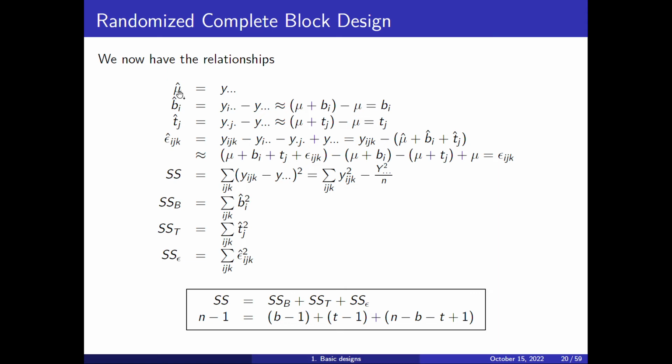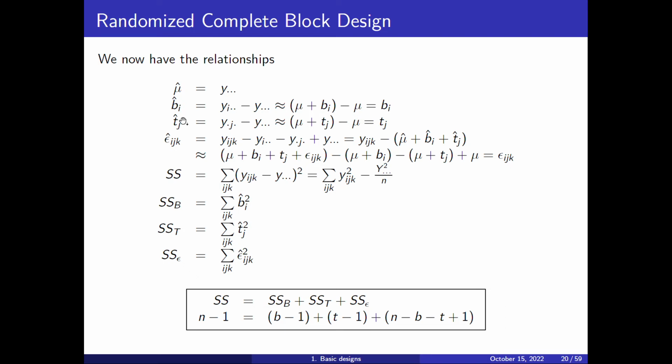For instance, the overall mean would be the mean of all observations. The contribution of the blocks is the difference between the mean of all people within that block and the overall mean. So what is the contribution of males? You compute the mean of all males independently of whether they have received the placebo or the treatment, and then you subtract the overall mean.